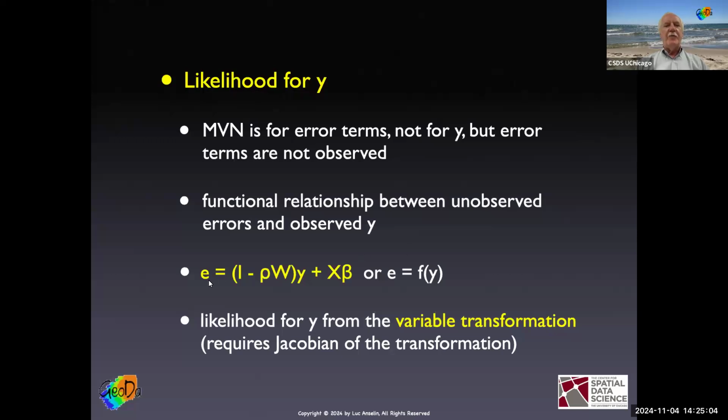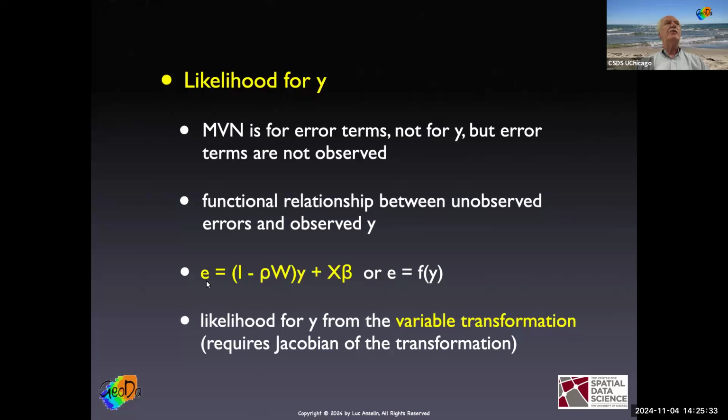Depending on the textbook that you use, they use inverses or not, but essentially you write the error term. This one has a random part. This is what it's equal to. It has Y through this identity, it has the spatial lag of Y with rho, and it has X and beta, right?